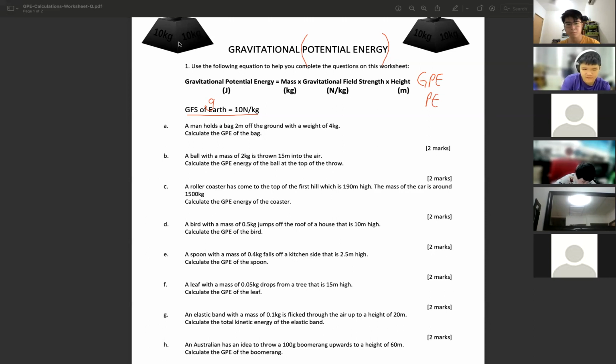Teacher, do all of the numbers take the SI unit? Yes, correct. It means that in height we use meter, in mass we use kg. So if it's not in SI, you have to change it.